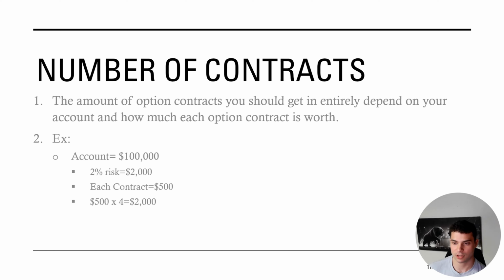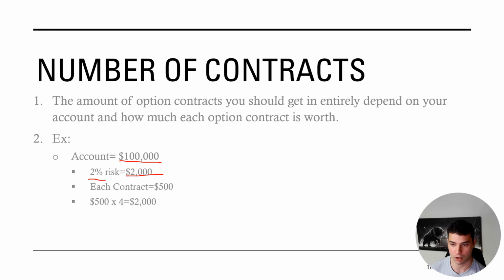Let's say your total account is $100,000. Let's say you want to risk 2% of that $100,000 for each trade. Now, 2% risk, that's $2,000, right? For the $2,000 you're risking on each trade, you're going to want to see exactly how much each contract is worth.